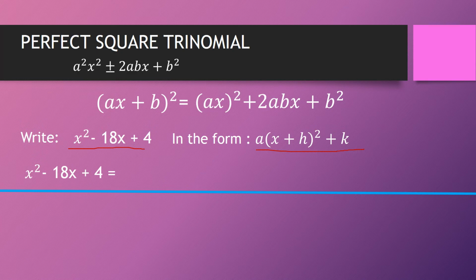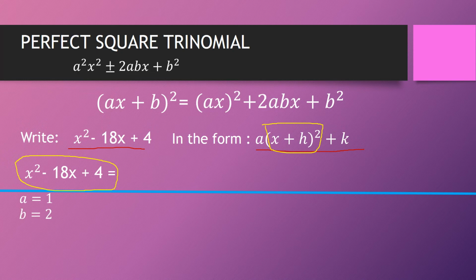If you see here in the middle, I have a perfect square. Now, the first step is to analyze if my expression is a perfect square. The coefficient of x squared is 1, then the square root of 1 is 1.